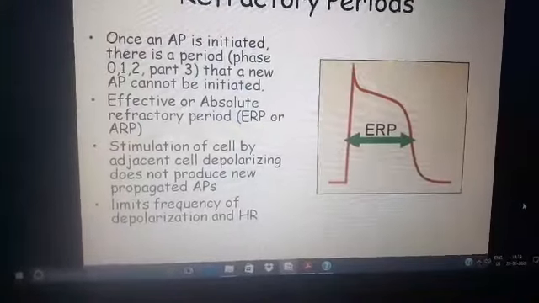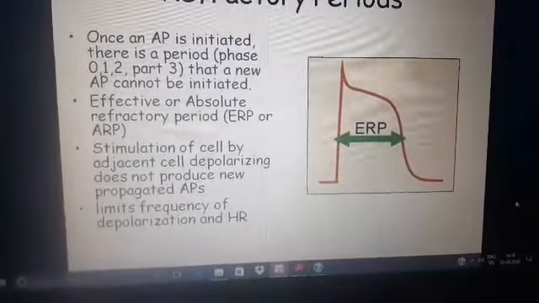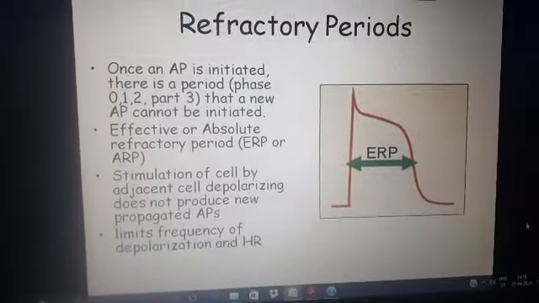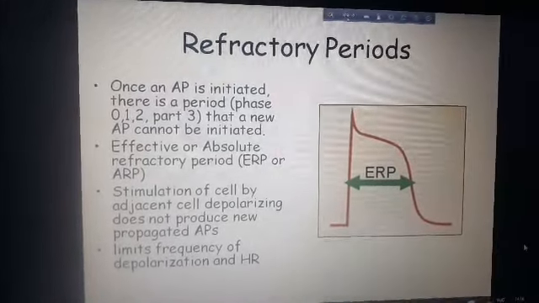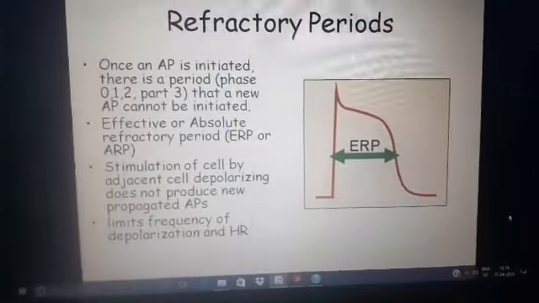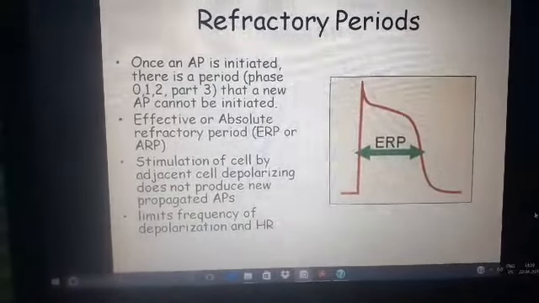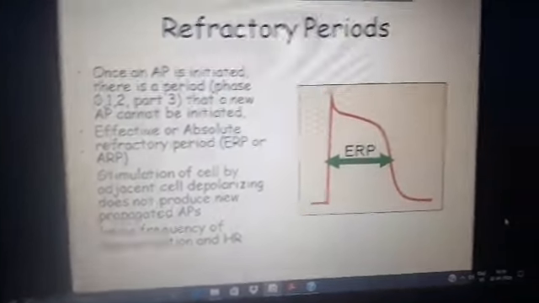This is called the effective or absolute refractory period, and stimulation of the cell by an adjacent cell membrane depolarization also does not produce propagation of the action potential. This helps in limiting the frequency of depolarization and heart rate. So the longer the effective refractory period, that means the longer phase 0, 1, 2, 3, the greater the benefit in tachyarrhythmia.